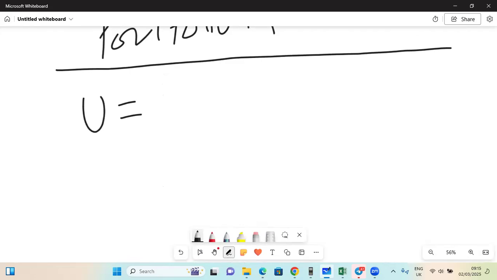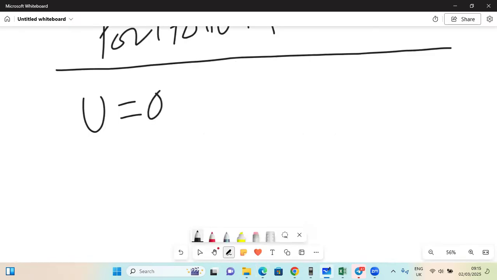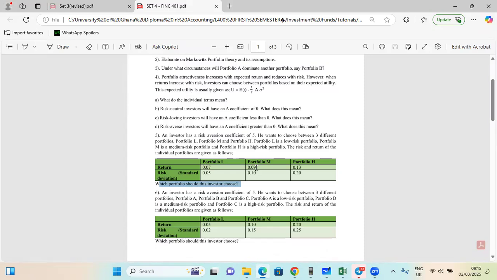The expected return for portfolio M is 0.09, minus into brackets 1 over 2. The risk aversion is still 5, times the standard deviation here, which is 0.1.